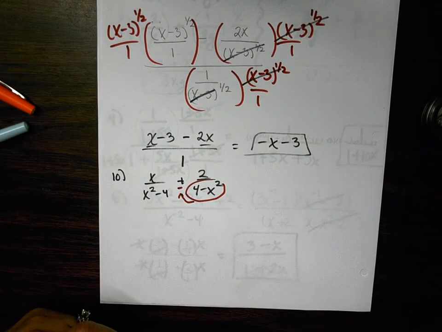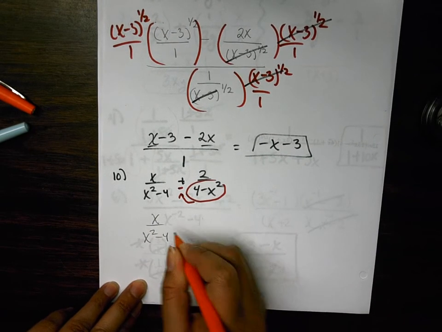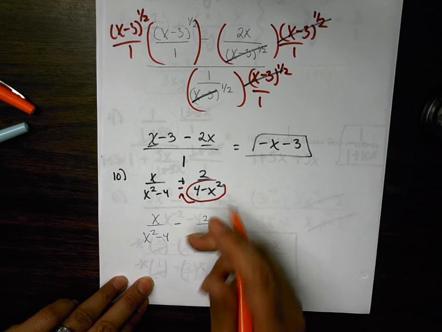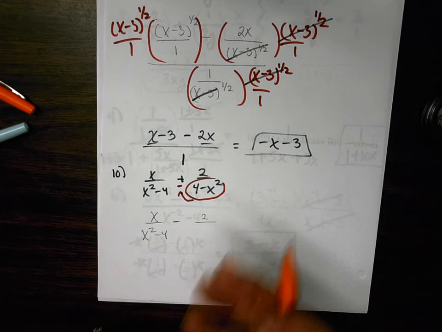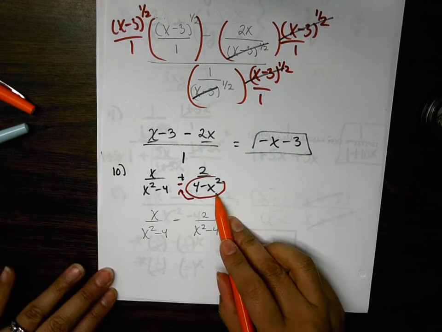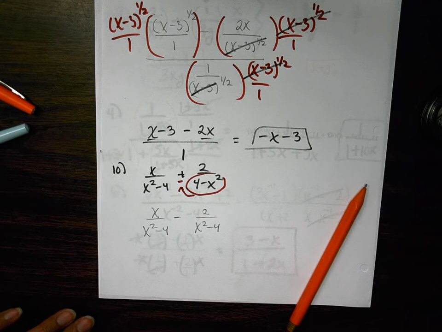Does it matter which one? No, I like to do the second because I can put the negative right in the middle. So x over x squared minus 4, that plus becomes a what? Minus 2 over, and 4 minus x squared becomes what when I pull out the negative? X squared minus 4. The negative x squared became positive, the positive 4 became negative.